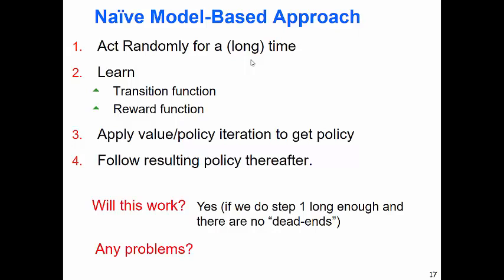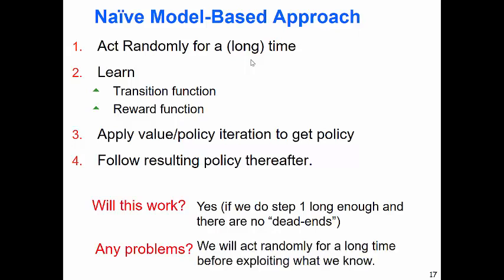As opposed to maybe it should be collecting some experience and doing something with it to help it learn more quickly, perhaps by, for example, trying to get to states that are hard to get to, and learning about them. So that's the main problem. It's going to act randomly for a long time without exploiting any knowledge. But this would be an approach that converges, and it's worth at least thinking about.